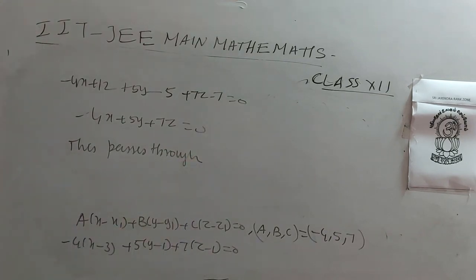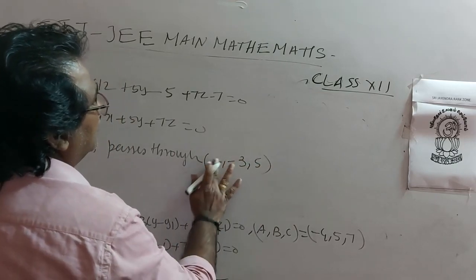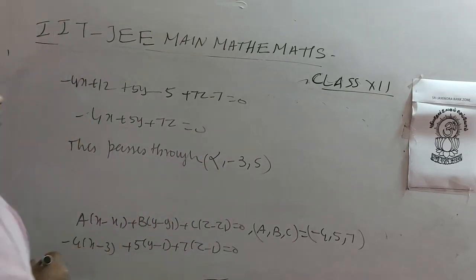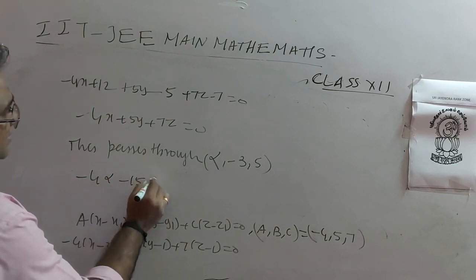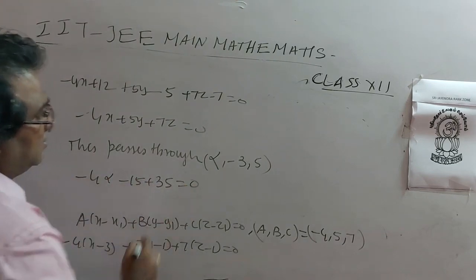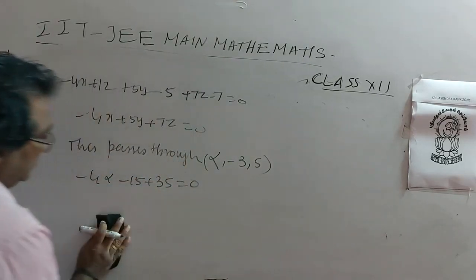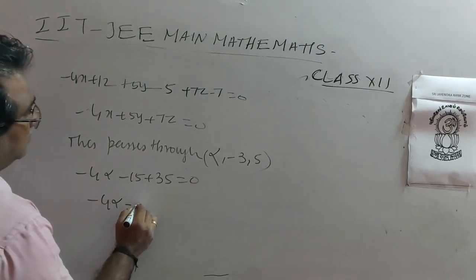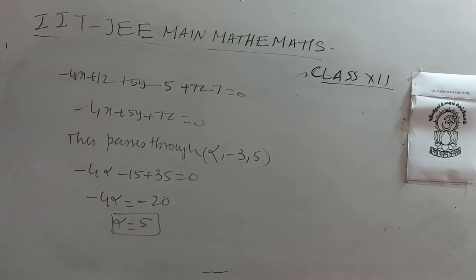This passes through (alpha, -3, 5). Minus 4 alpha minus 15 plus 35 equal to 0. So minus 4 alpha equal to minus 20, alpha equal to 5.